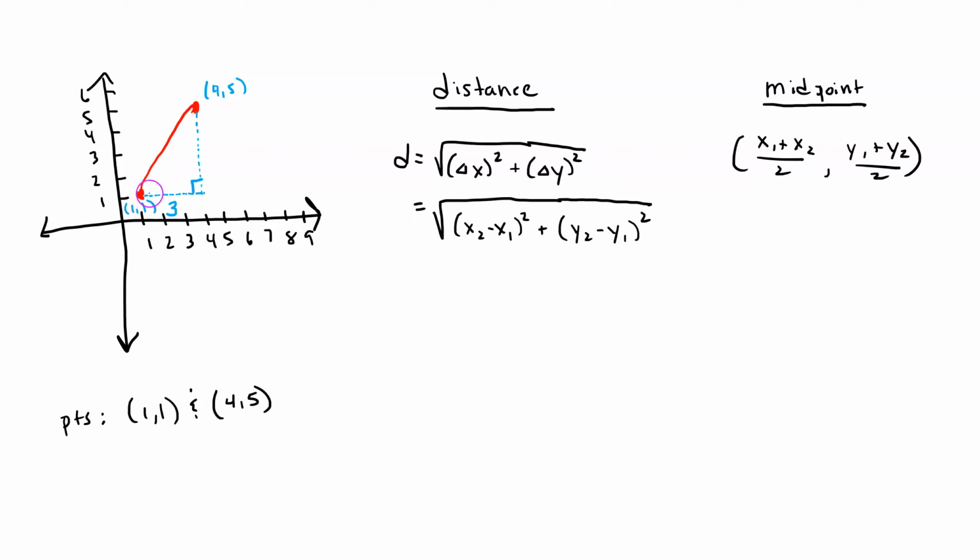We started at 1, so going over to 2 is 1, going over to 3 is 2, going over to 4 is moving over 3 units. This side is going up and down, so this relates to the y values. We started at 1, and we're going to 5. So going up to 2, then 3, then 4, then 5. So we've moved up 4 units.